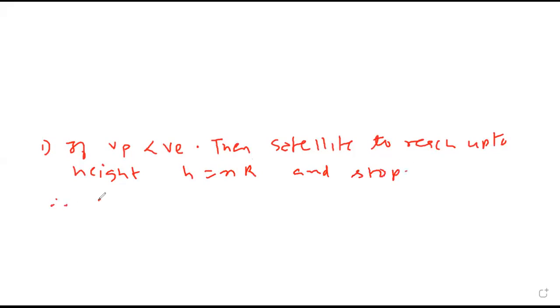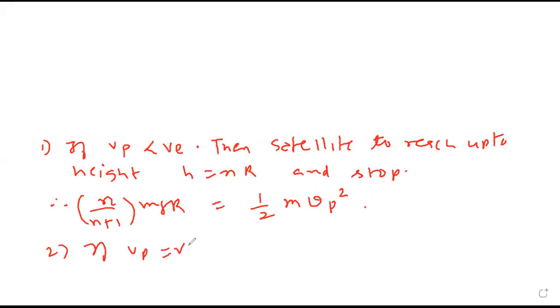So for this we'll write n upon n plus 1 mgR equals half m velocity of projection square, and solve the sum to get n if not given. Sometimes they will ask you height, sometimes they will ask you velocity and height will be given. We'll follow the same.